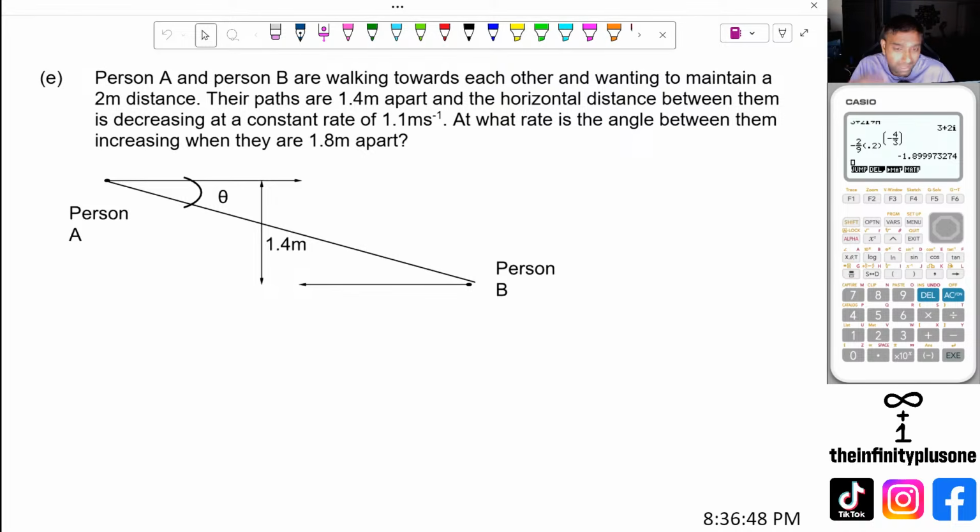I'll probably make mistakes too, but it teaches your brain the different types of strategies you could use for these questions. This is definitely rate of change. That's one thing we've got right.